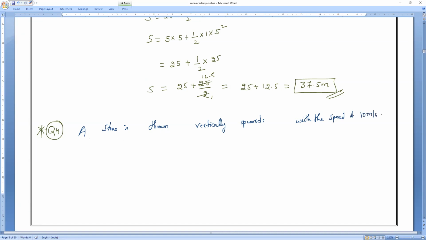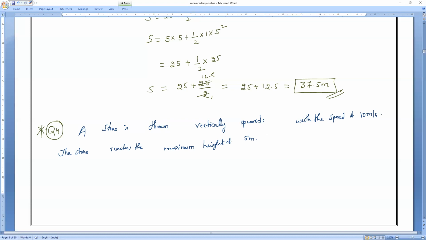The stone reaches the maximum height of 5 meters. Everybody should solve. I came to know so many of you don't even know the equations of motion. It's very, very bad. You have to remember that. Equations of motion should always be there in our mind.